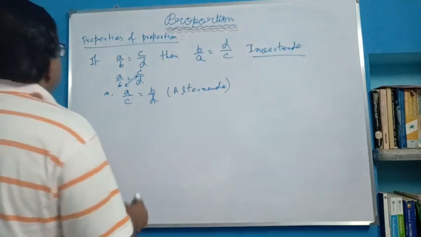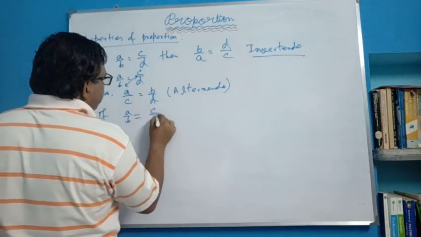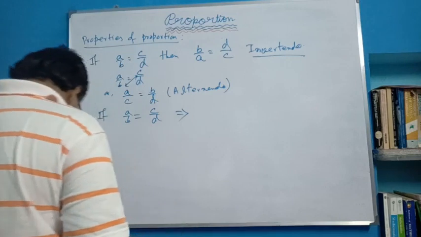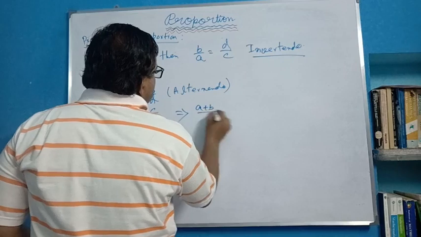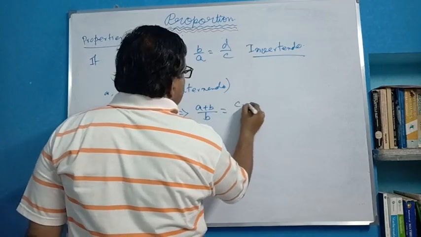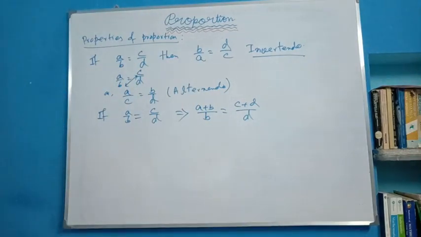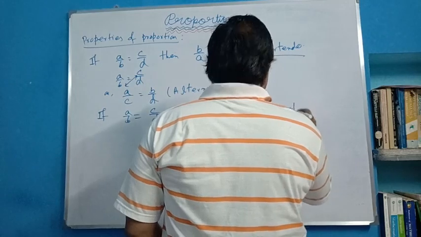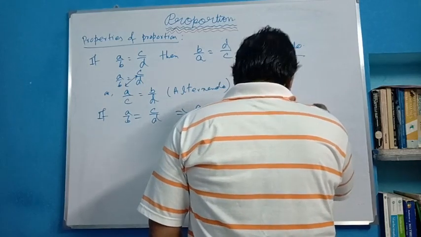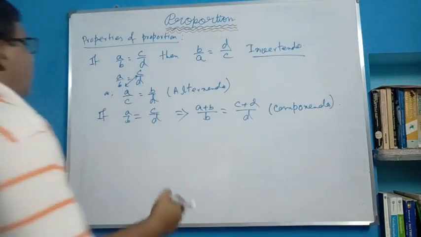Now, if A by B is equal to C by D, which implies A plus B by B is equal to C plus D by D. How is it possible? This is named componendo.